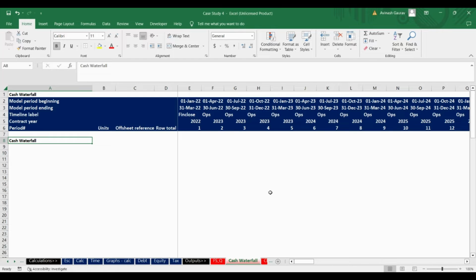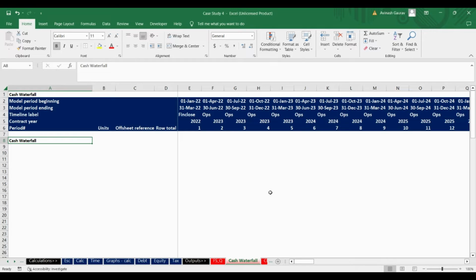What happens in real life is that whenever a company approaches any bank for a loan or any shareholder for an equity investment, a financing document is prepared among them, and in that financing document you can see the seniority of the payments, like which needs to be paid first and which needs to be paid last.